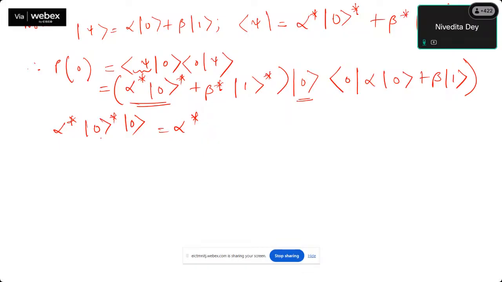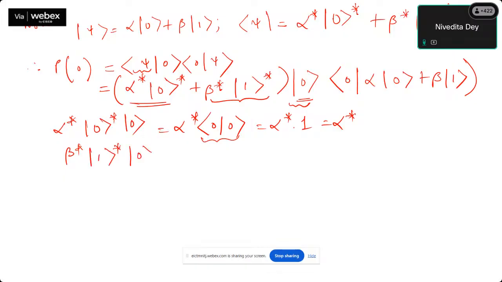Now ket 0 star, that is the complex conjugate, is nothing but bra 0, and this is already ket 0, and this is the inner product of 0 0, which is 1. So this is exactly alpha star. And similarly, the second part, that is this thing with this, will be beta star bra 1 ket 0.